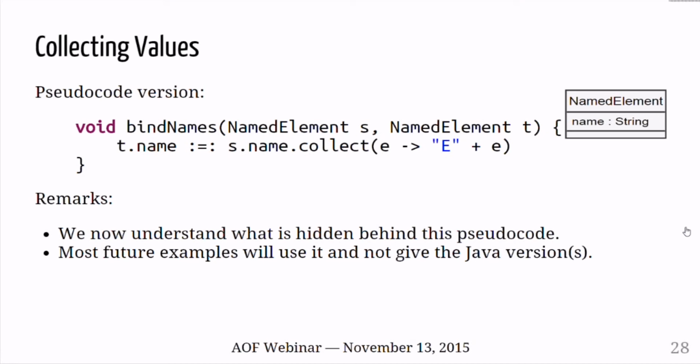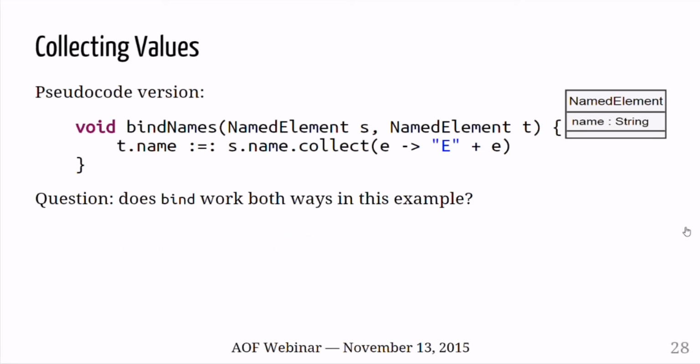So now that we understand what is behind this pseudocode, most of the examples I will give later will just use this and not give the corresponding Java version, except when it really helps to disambiguate problems. And now I have a question for you. Do you think this binding works both ways in this example? Let's see if you have followed closely.